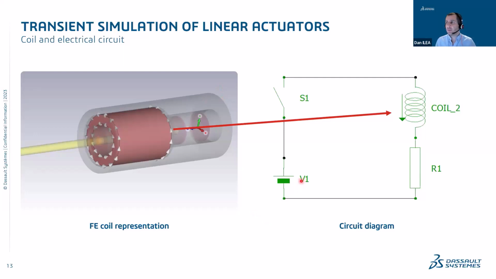In this circuit we have the representation of the coil, which is the connection between our finite element model and the electric circuit. As I said, we are doing a co-simulation between the two, and this is the link between our 3D finite element model and the circuit equations.